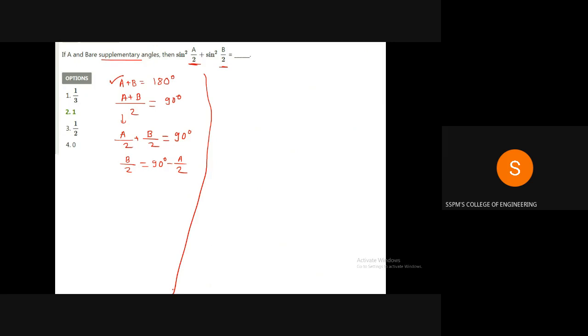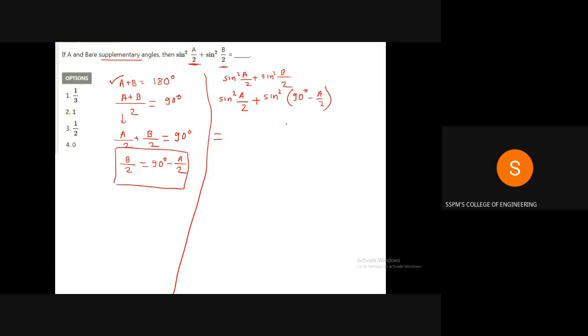Now what is asked in the question? Sin square A by 2 plus sin square B by 2. Now we will use this value in this formula. Sin square A by 2 plus, instead of sin square B by 2, we will use sin square of 90 degrees minus A by 2.